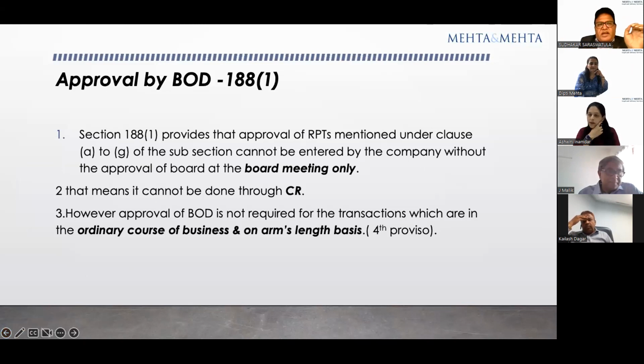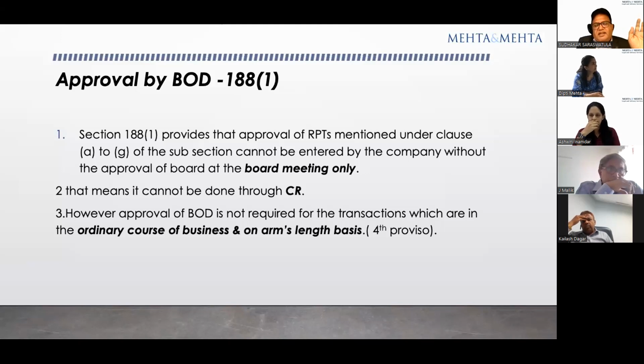See, Ashwini has said that this ordinary course of business and arm's length basis, these transactions are exempted from 188 provisions. Forget for a moment approval of the board of directors or whatever. These transactions which are in the ordinary course of business and arm's length are exempted from 188. And this kind of exemption is not there in listing regulations.